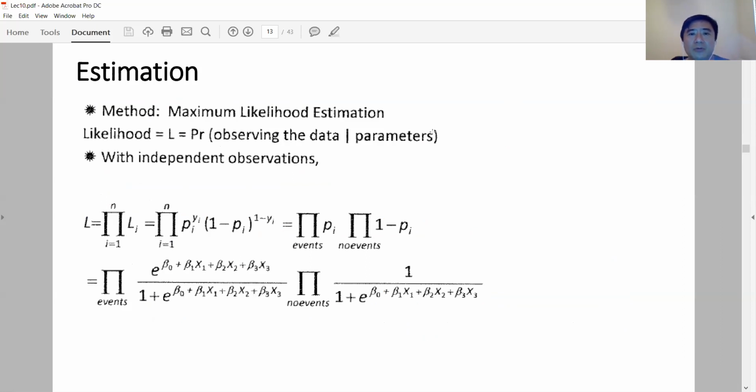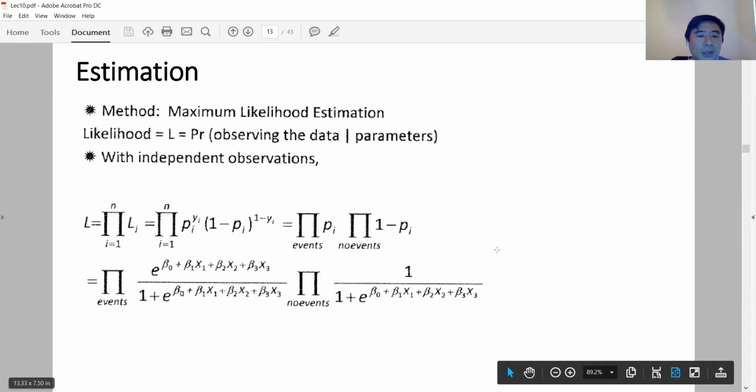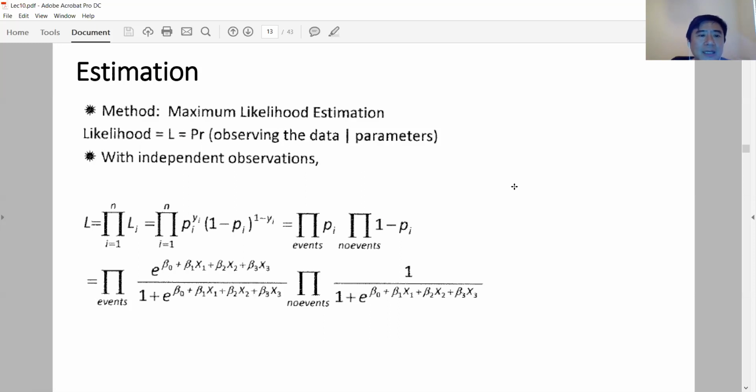In the linear regression, we usually use the least squares method, which is nothing related to the likelihood. But here, there's no way we can use least squares to do the estimation of the beta parameters because your data type is not continuous. It's just 0 and 1. And there's almost no way you can calculate a meaningful variance for that.